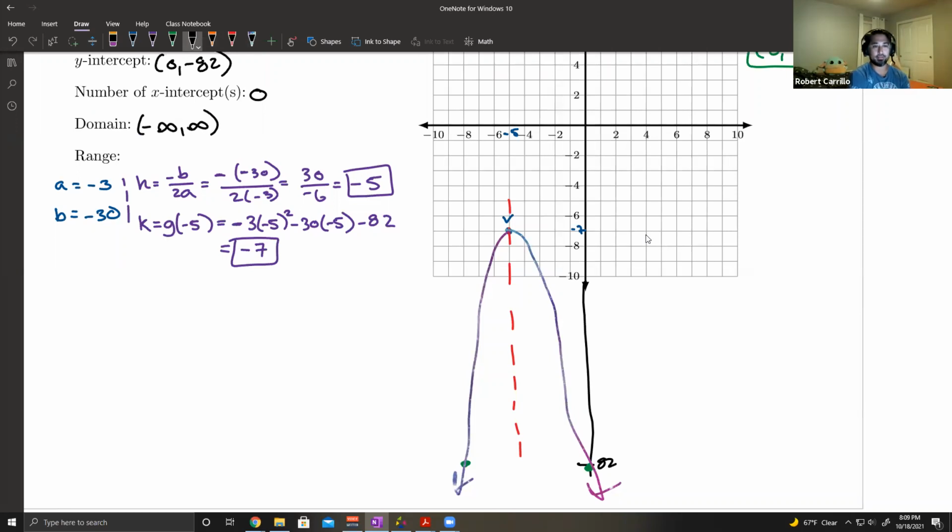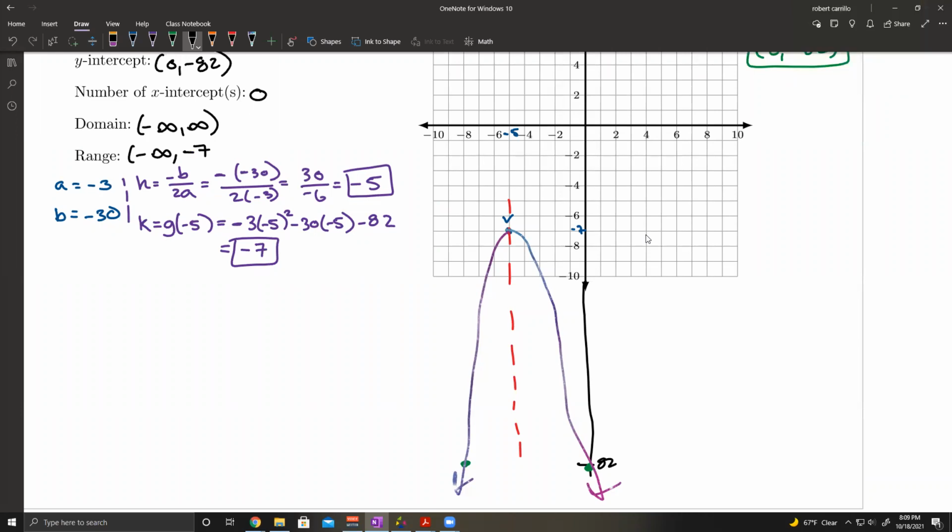What's my range? Where do we start? Negative infinity. And where do we stop? Negative 7. Very good.